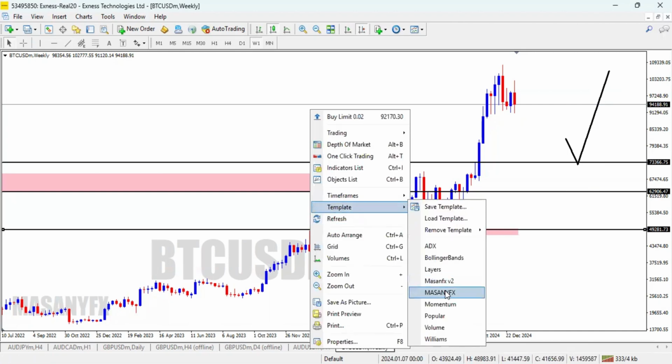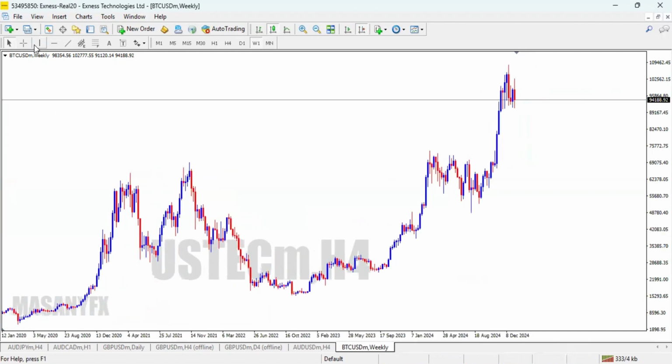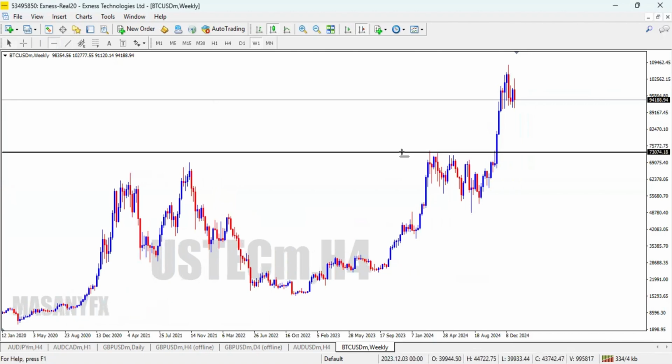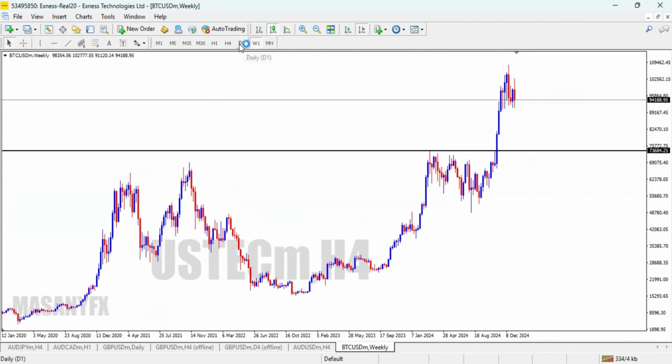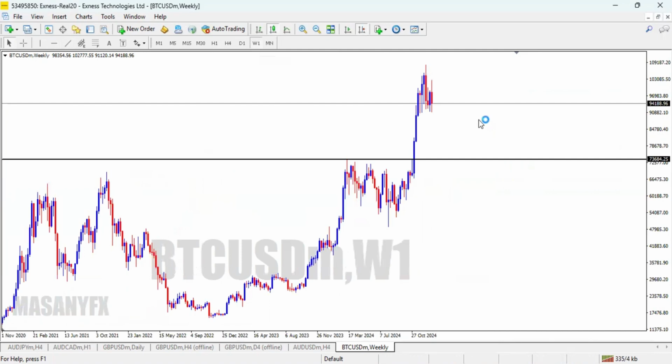Let me clean up my chart again. This is as simple as this. BTC USD, we are expecting this.